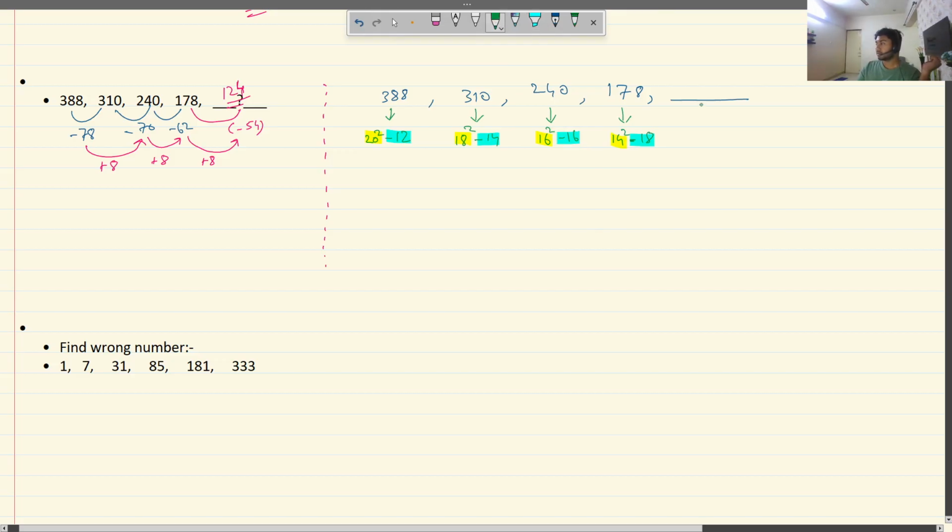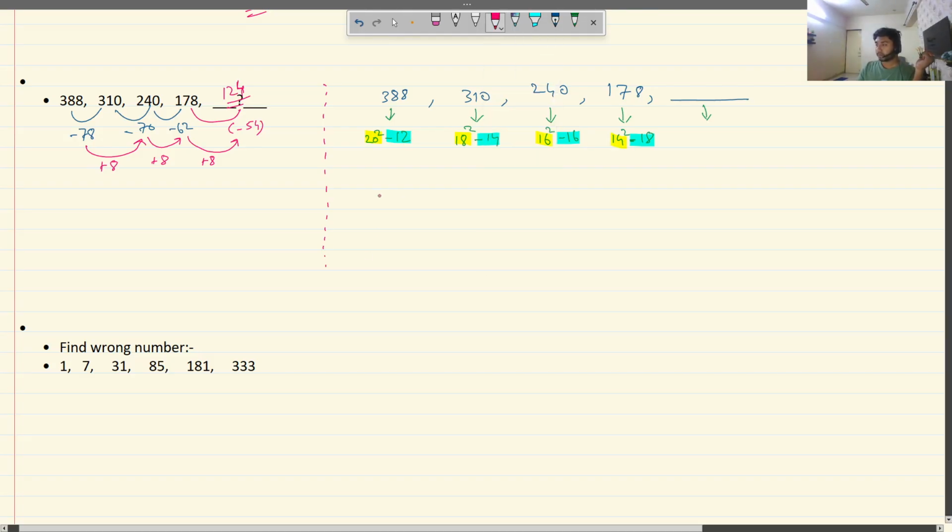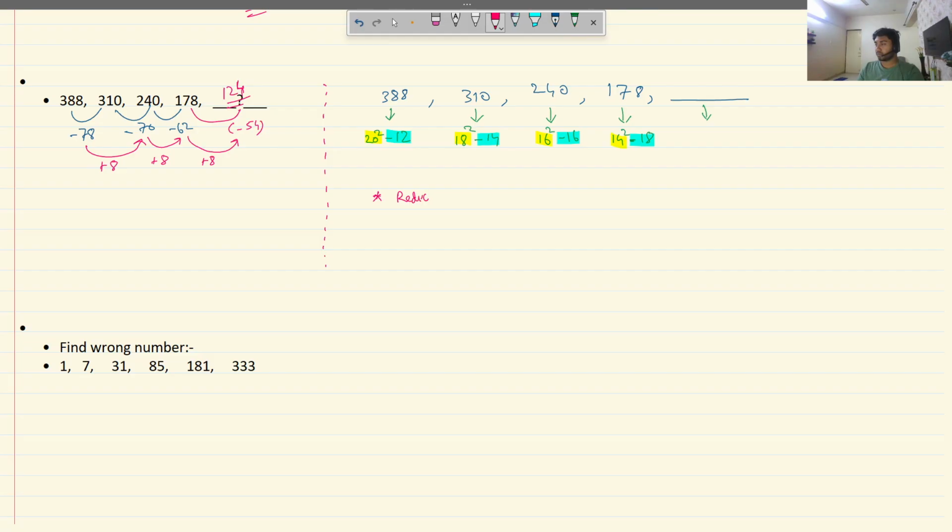So the next number should be, here the logic was reducing square of even number and increasing even number in difference.